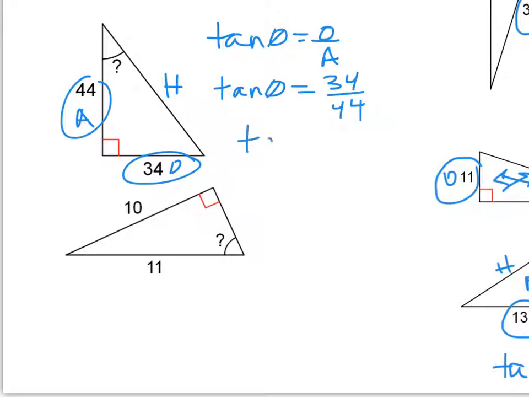So on my calculator, I'm going to press second tangent, which should show up as tangent to the -1, equals 34 over 44. And I should get my answer. Inverse tangent, 34 divided by 44, which is 37.7 degrees.